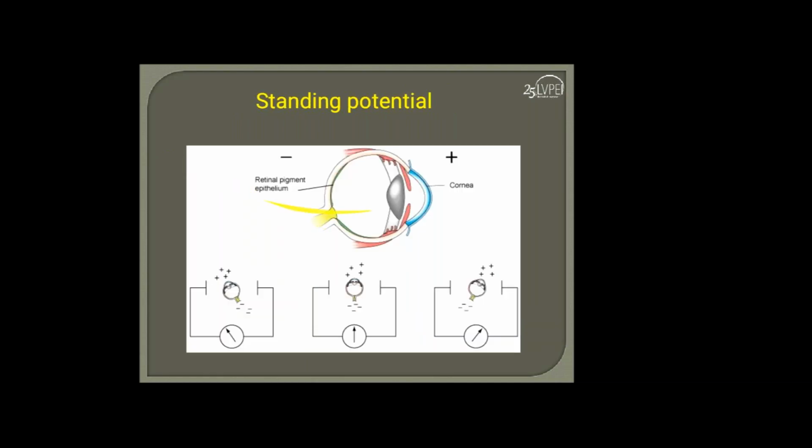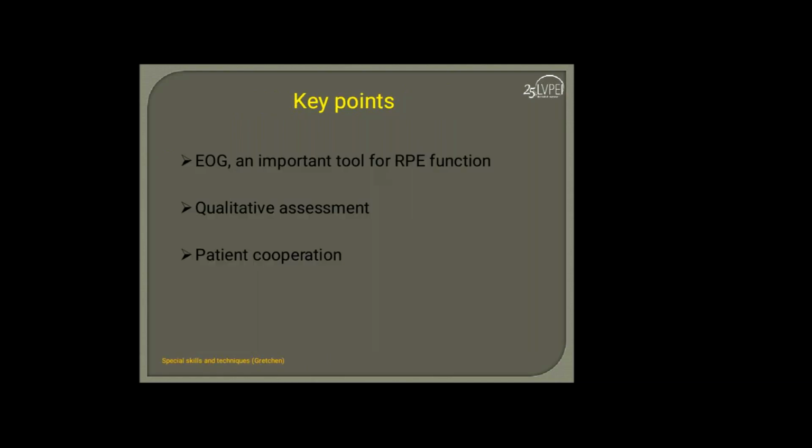It is done in three stages: the pre-adaptation stage, the dark stage, as well as the light-adapted stage. The pre-adaptation stage activates your cells. In the dark stage, it is getting a relationship from cones, rods and RPE, and in the light-adapted stage, it is making a relationship from cones and retinal pigment epithelium.